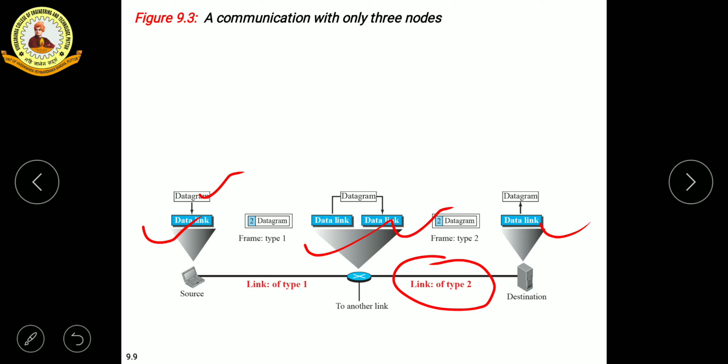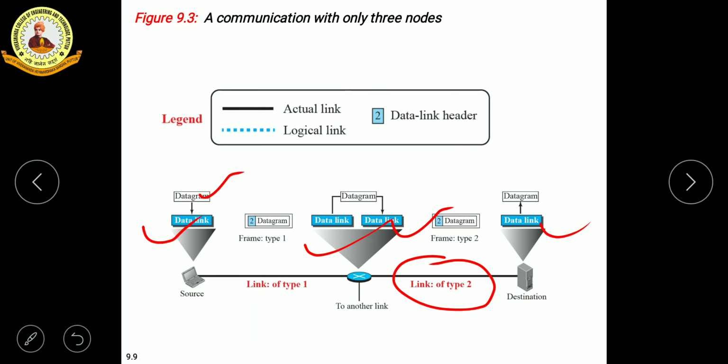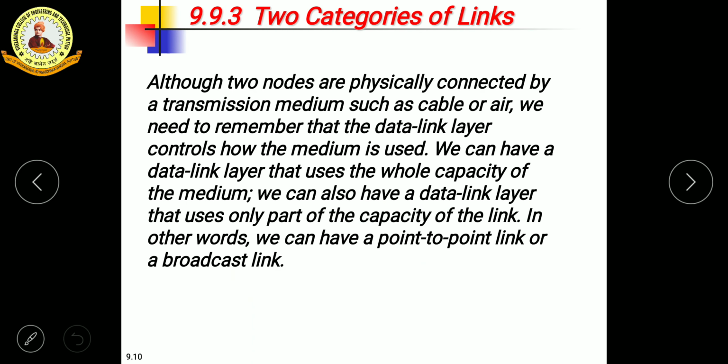Then what are the important services this data link layer gives us? It is not given in the slide, so please note it down. The important services given by the data link layer are, the first one is framing. It helps us to create frames, so the data will be in the form of frames. We learned this in the first module, objects in each layer.